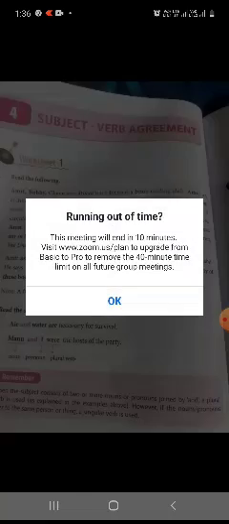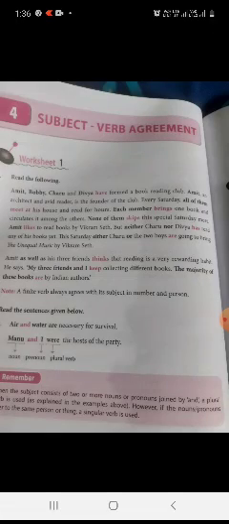Collecting different books. The next line, the majority of these books are by Indian authors. So in this line, the verb which has been used, are, has not been used according to the majority of. It has been used according to these books.